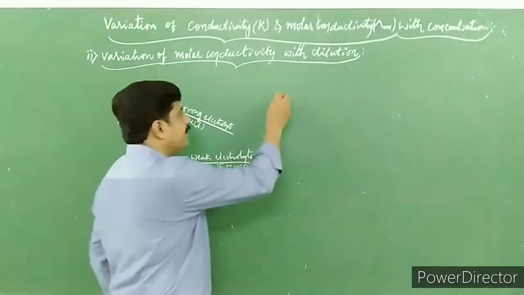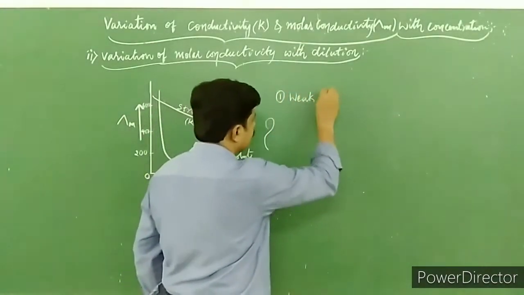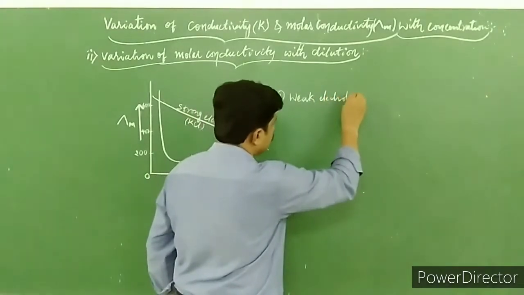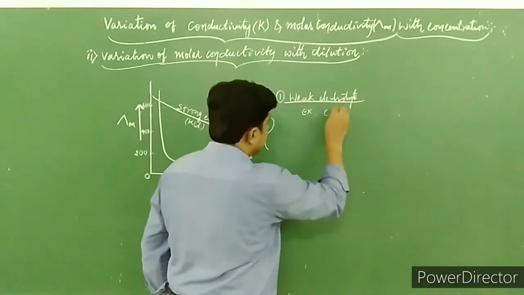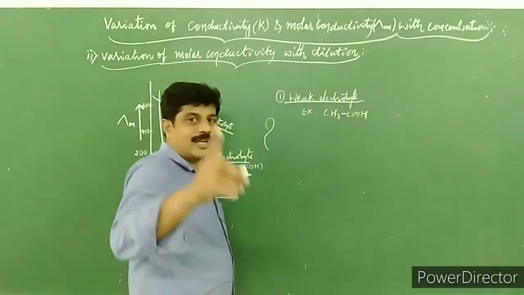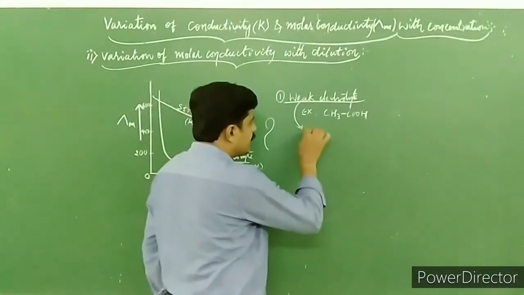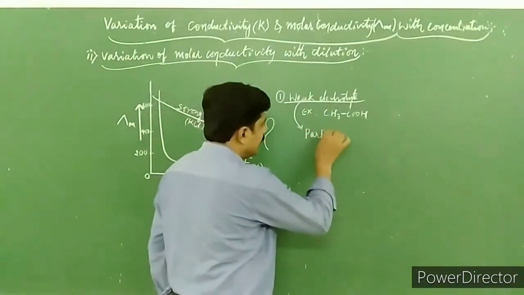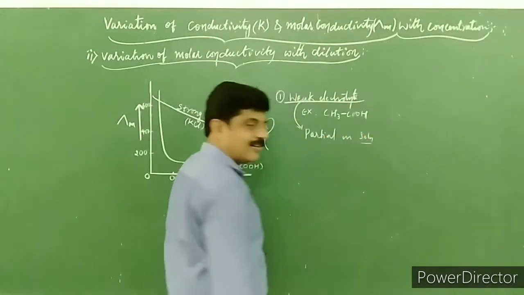Let me take up the first one, that is for weak electrolyte. Let me quote an example: acetic acid or ethanoic acid. Children, you are aware that weak electrolyte undergo partial dissociation in solution. Is it not?